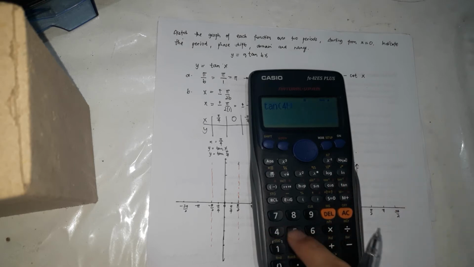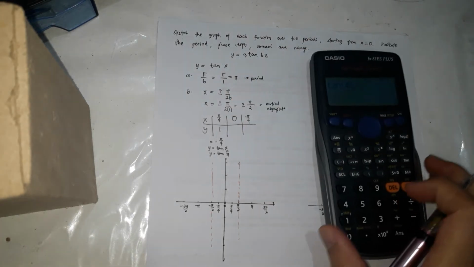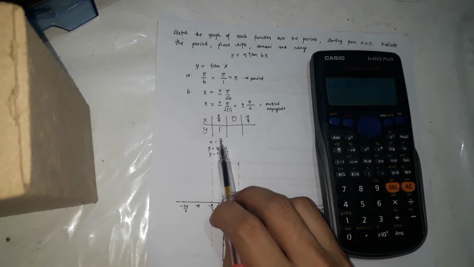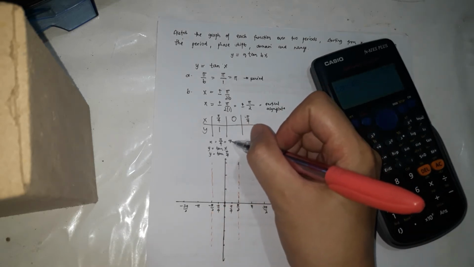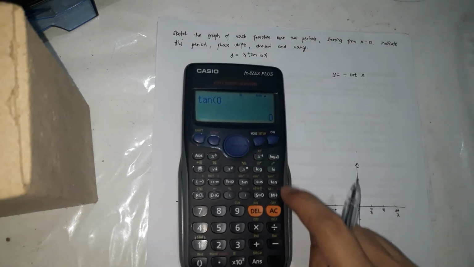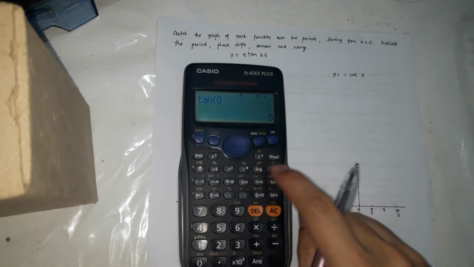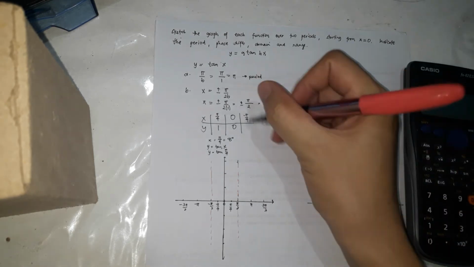Tan of 45 is 1. Tan of 0 is 0. Tan of negative 45 is negative 1.